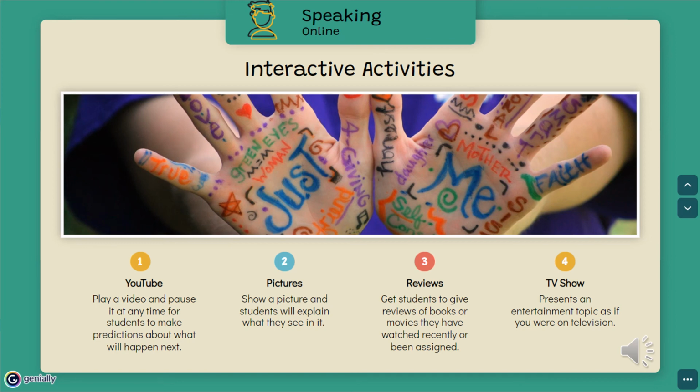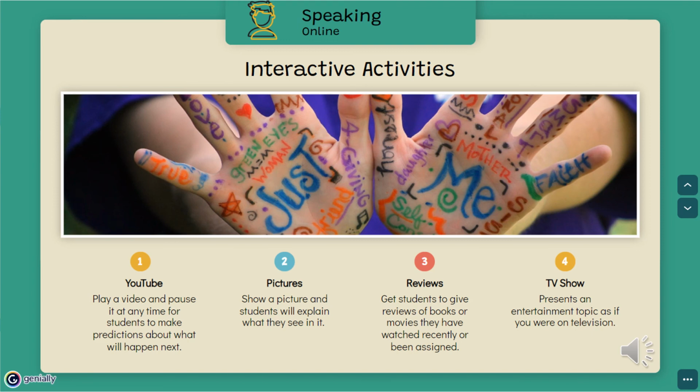Next one, pictures. Show a picture and students will explain what they see in it. Really easy. Reviews. Get a student to give reviews of books or movies they have watched recently or been assigned. So it's really cool.